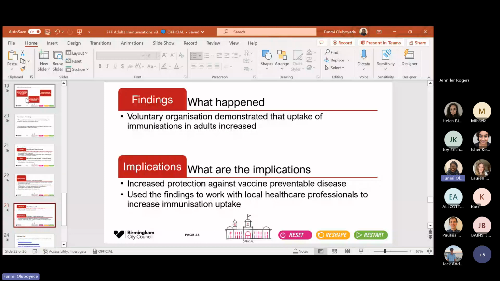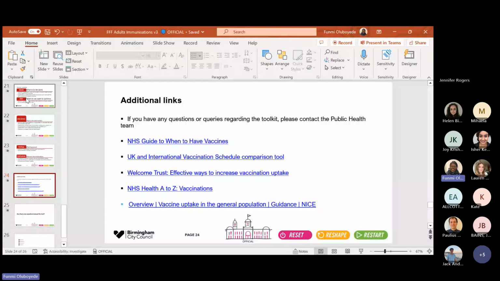And the findings are the voluntary organisation demonstrates that uptake of immunisation in adults is increased, ideally. And we have increased protection against vaccine-preventable diseases, and use the findings to work with local healthcare professionals to increase immunisation uptake. And finally, we have the additional links and useful resources.